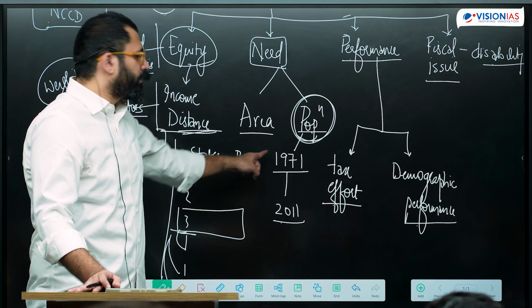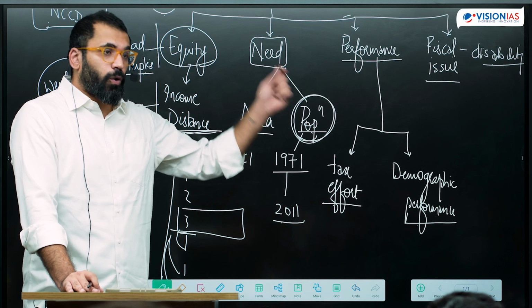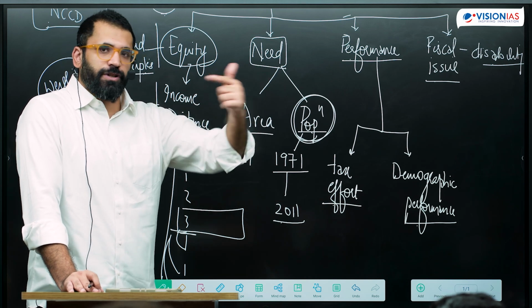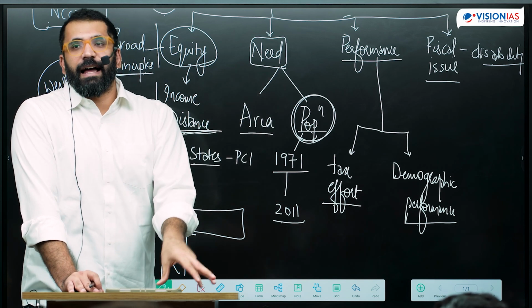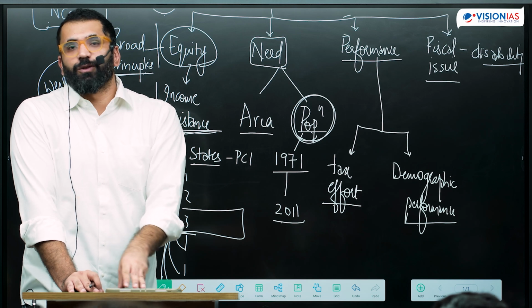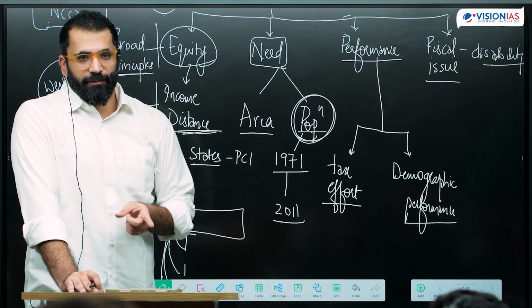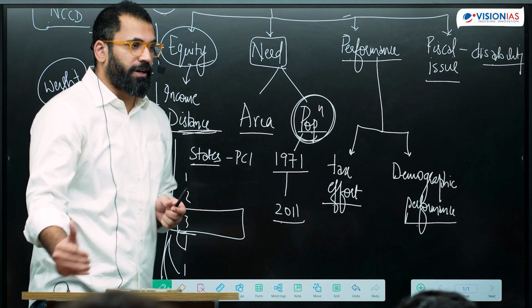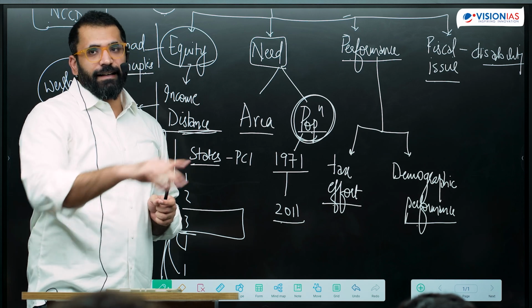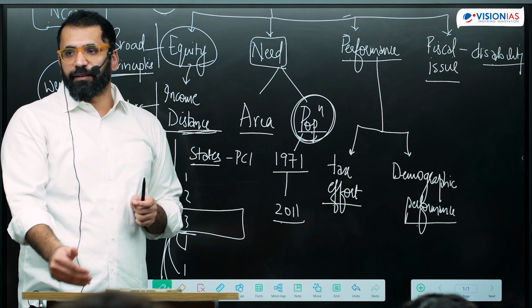So this movement from 1971 to 2011, though it should be done because we need to move closer to the population numbers, will act as a penalty on the states that have controlled their population better. If they have controlled their total fertility rate, this will act as a penalty on them: less number of people, less amount of funds.